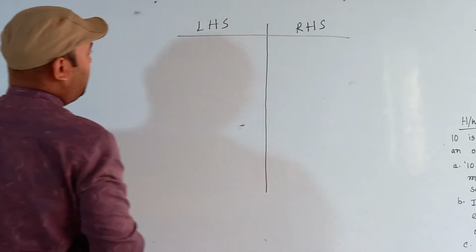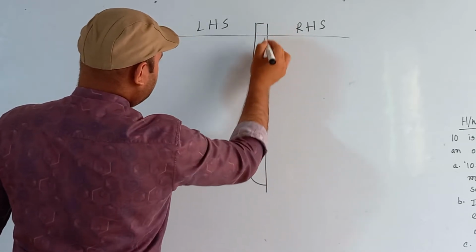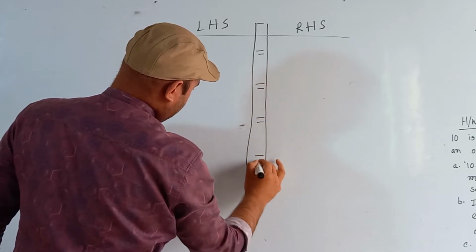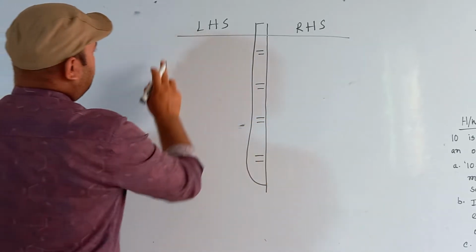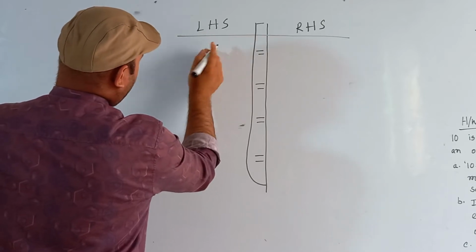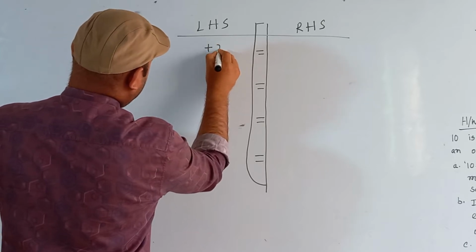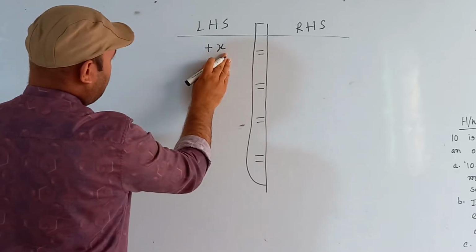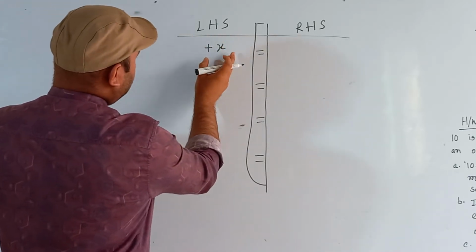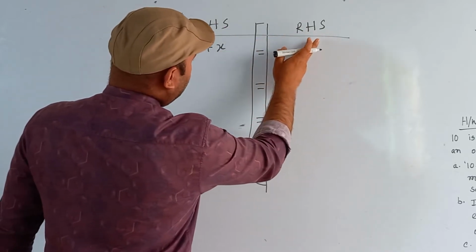Now in the middle of this, there is an equal sign. If I consider some numbers or some variables in the left hand side with addition sign, that means plus sign, and I want to transfer this to the right hand side.